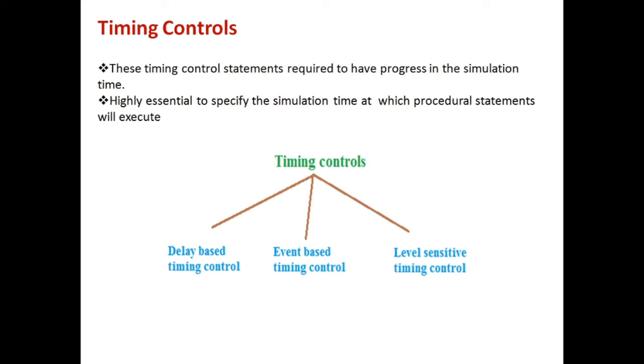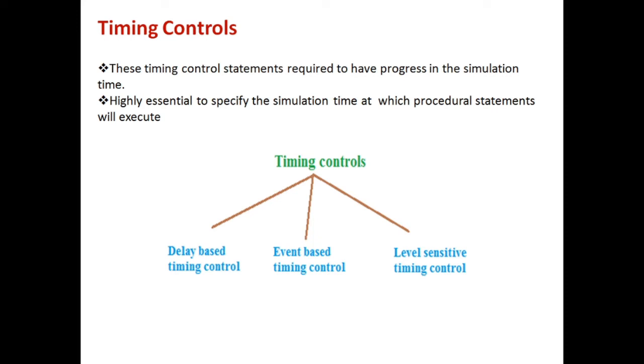Now we have three types of timing controls for our procedural assignments. One is a delay based timing control, the second one is event based timing control, and the third one is level sensitive timing control.